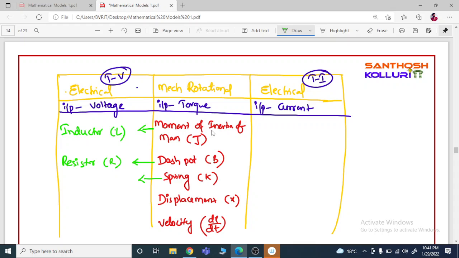Spring can be represented with 1 by capacitor, 1 by C. Displacement can be represented with angular displacement theta. So velocity is angular velocity.